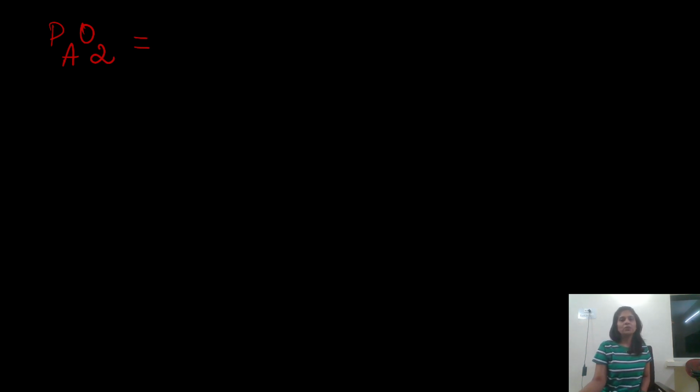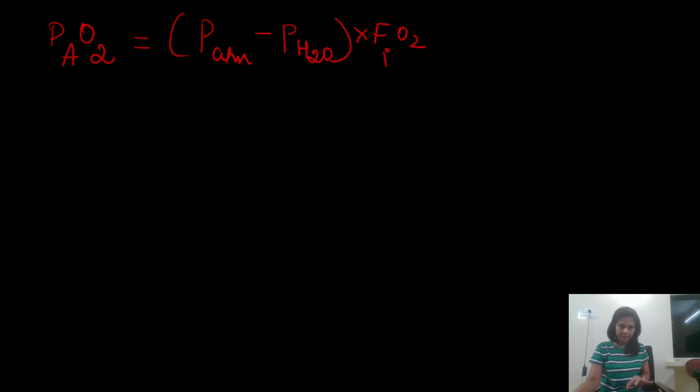Alveolar partial pressure of oxygen is equal to total atmospheric pressure minus partial pressure of water vapor into fraction of oxygen in the inspired air. From here, what has to be subtracted? Oxygen inhaled. Right? You have to subtract oxygen inhaled.